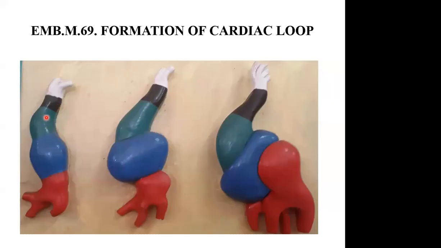The next part is called the bulbus cordis. Next to that is the ventricle. This is the atrium. These are the unfused parts, the horns of sinus venosus. Next part is the sinus venosus and its horns. These are the various parts of the fused endothelial heart tube.